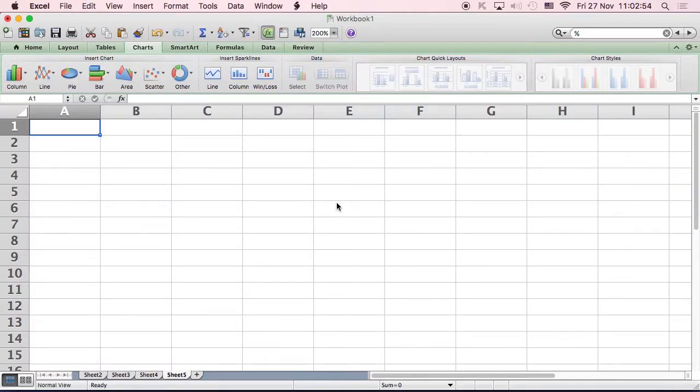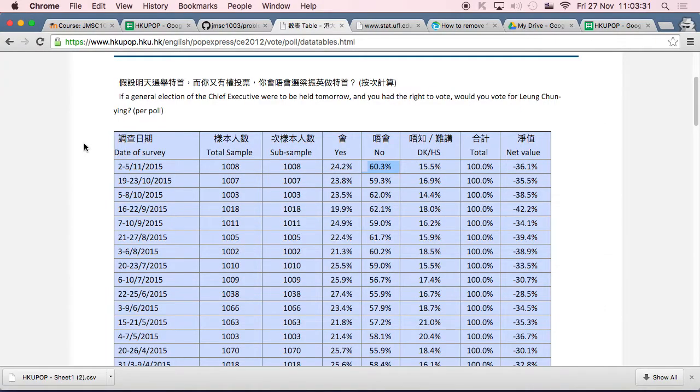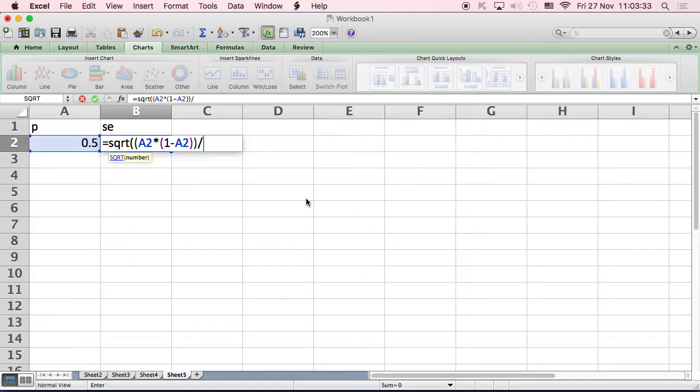Let's do that together. P is equal to 0.5, and the standard error is equal to the square root of P times 1 minus P divided by N. The N from the question is 1,008.